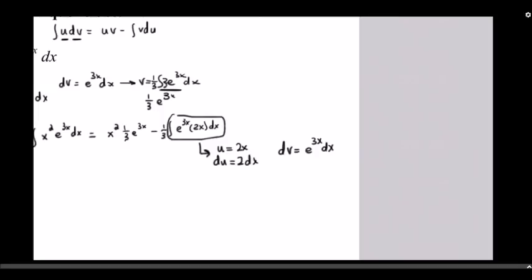But luckily from the problem that we just did, we know that the antiderivative of e to the 3x is 1/3 e to the 3x. So this becomes u times v minus the integral of v times du.